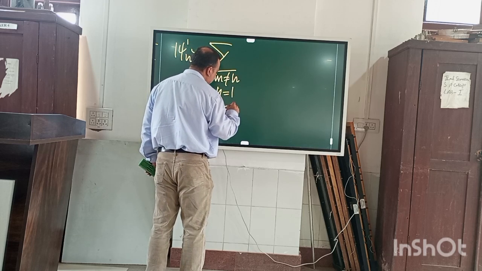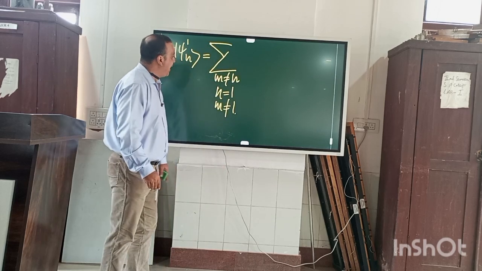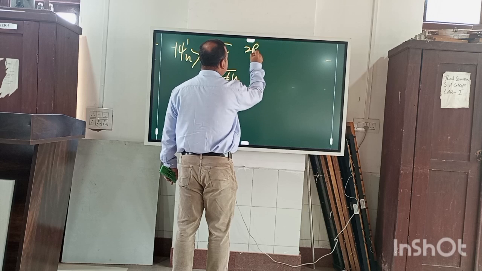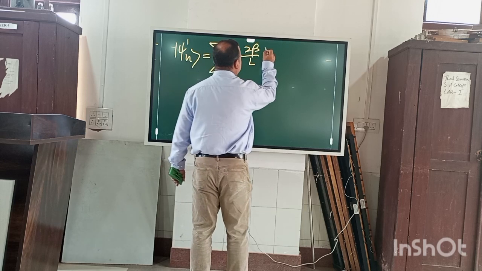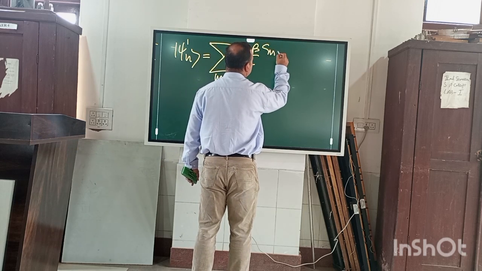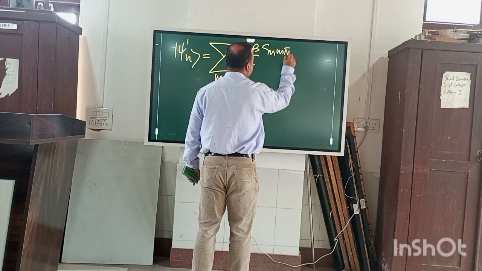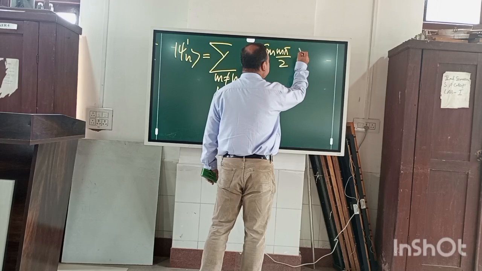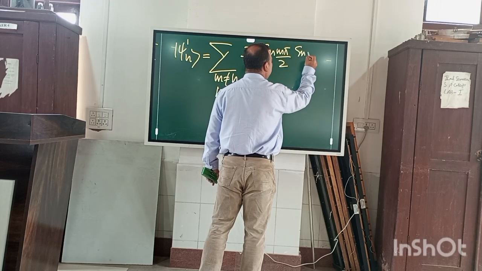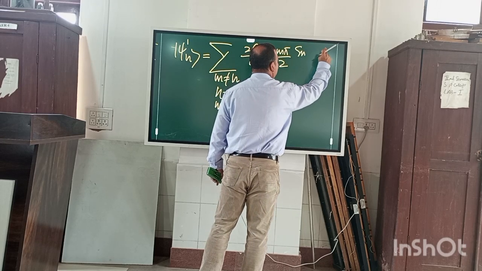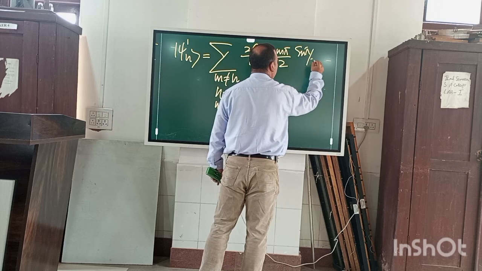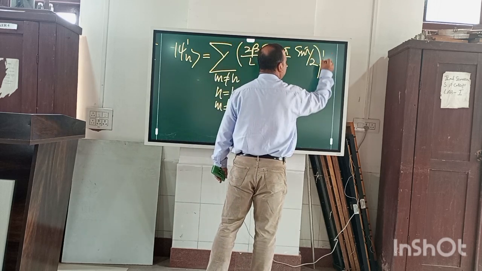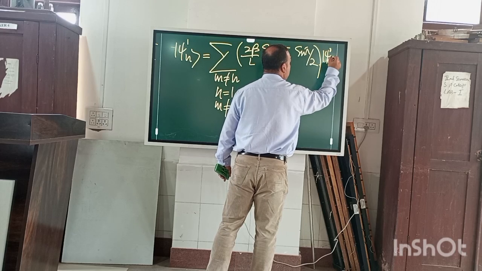So m is not equal to 1. And I will write down our expectation. What was that? That was 2 beta by L, and then sine of m pi by 2. And for n equal to 1, I'll be using sine of pi by 2.